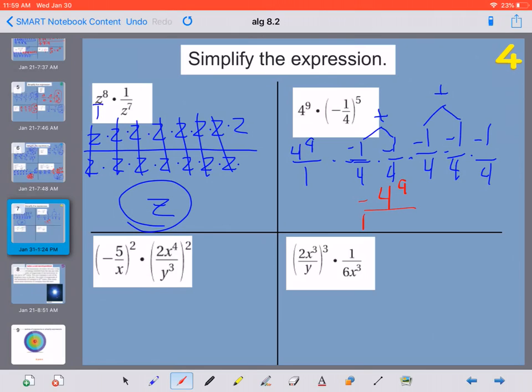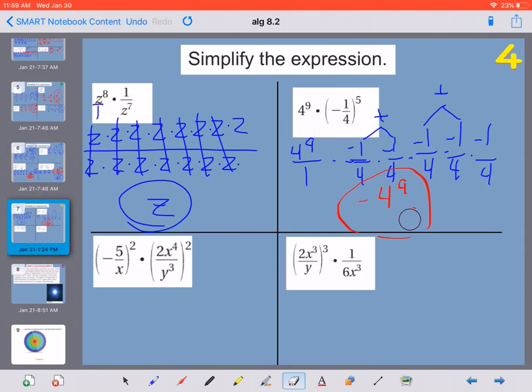That gives us 1,024. Let's see, could we simplify this at all?